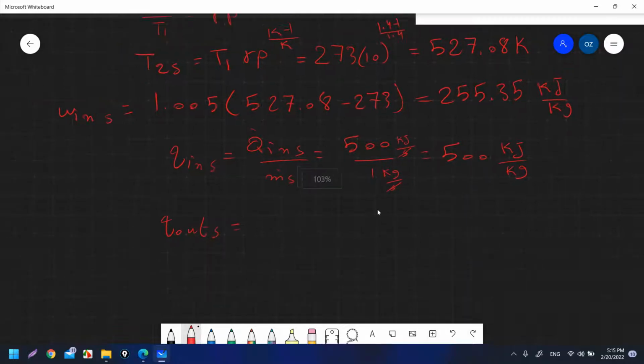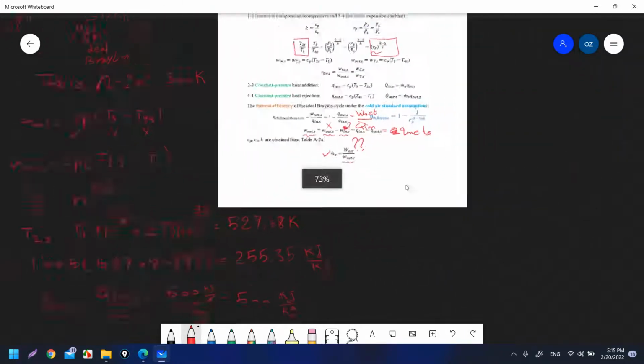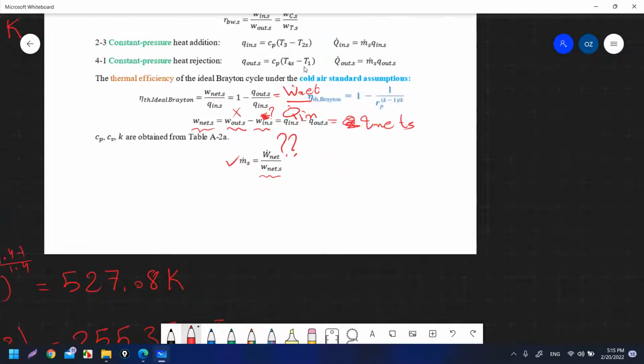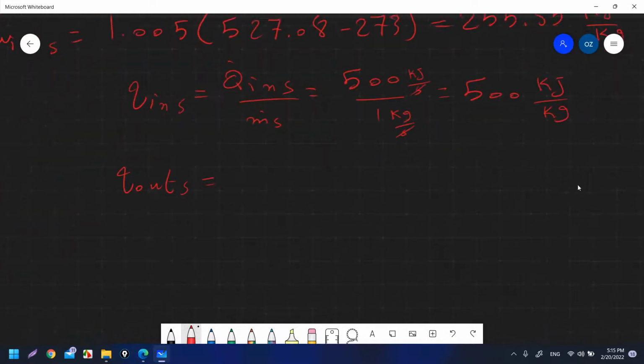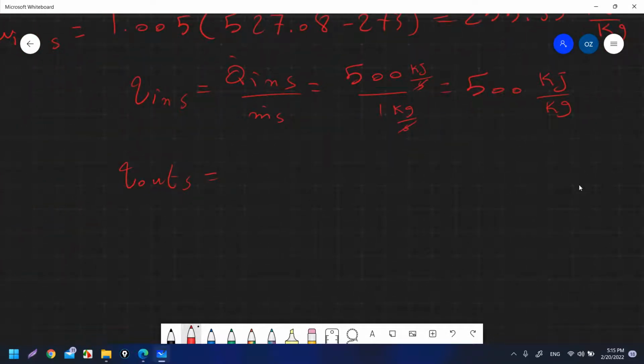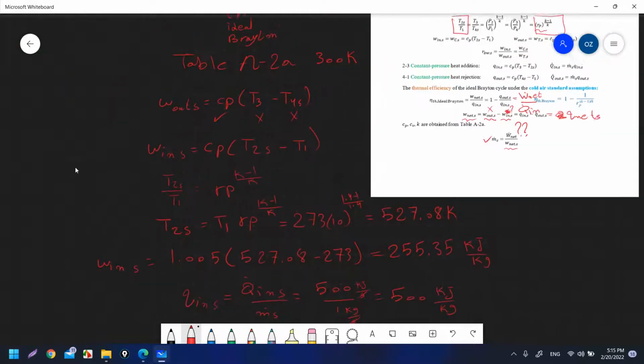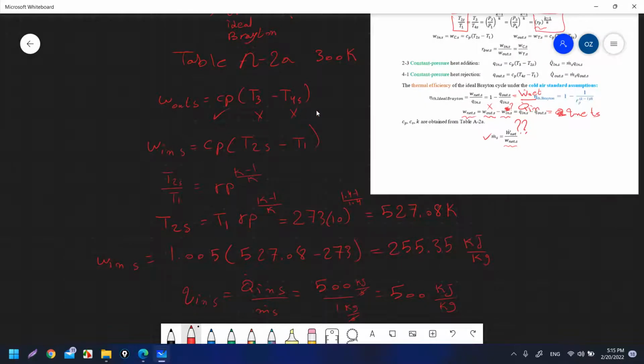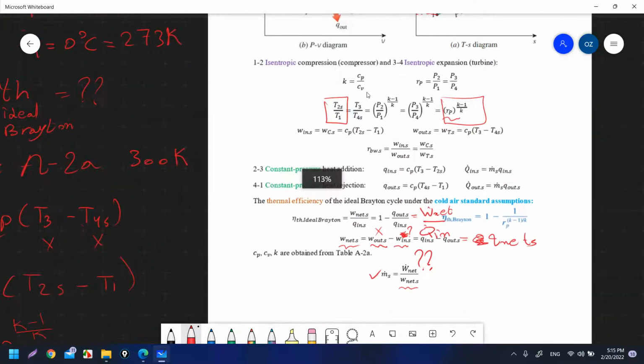Okay. So what about Q out S? Q out S is equal to CB times T4S minus T1. I have T1 given in the question, CB is 1.005, but the problem is the same as what we have in the work of the turbine, that I cannot find T4S because I don't have T3.